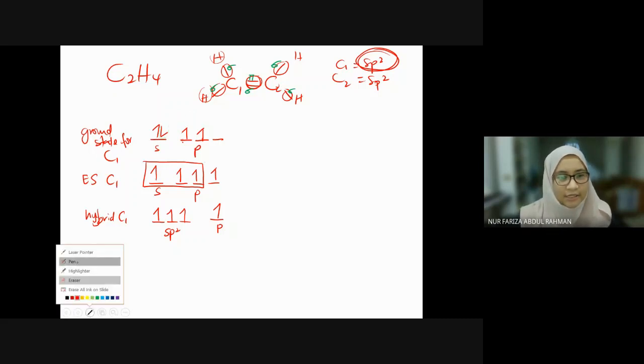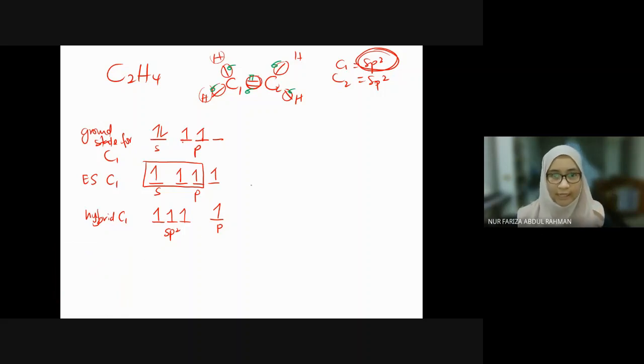Okay, imagine. Sepatutnya kita kena ada 2 carbon kan? So saya buat lagi satu. This is for C1 and this is for C2. Saya buat exactly the same. So ground state for C2 s2, 2, 3.